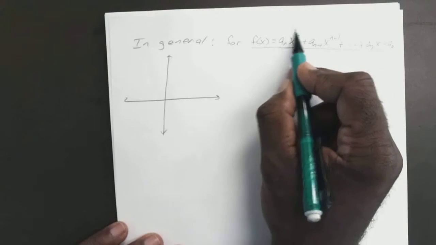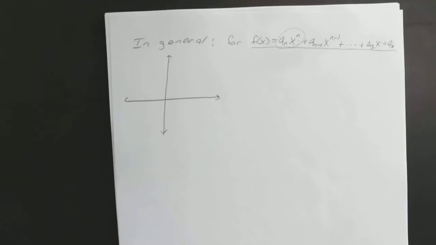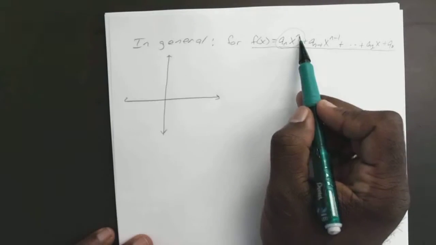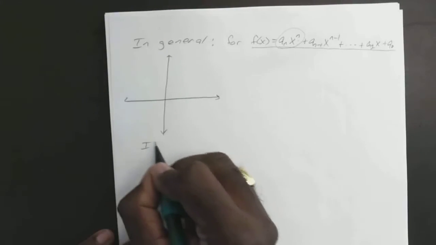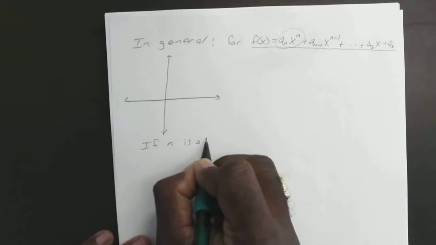Okay. So let's say here, just looking at your highest degree, or your highest exponent, and we say that highest exponent n is odd.